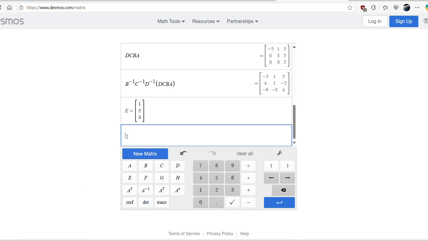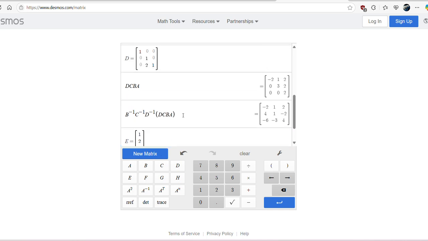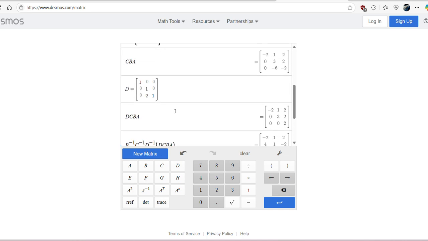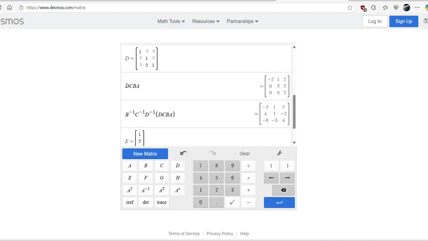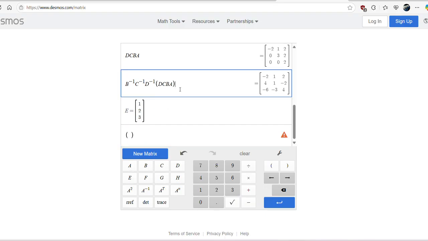All right. We want to throw the inverse of L at that vector. So let's use parentheses because it's going to be its own thing. Open parentheses. And then we know our L was B inverse, C inverse, D inverse. I know it's confusing right there because we put DCBA right after it.